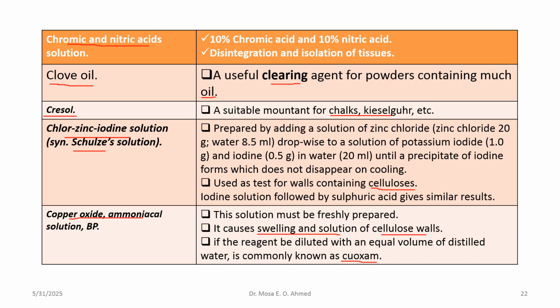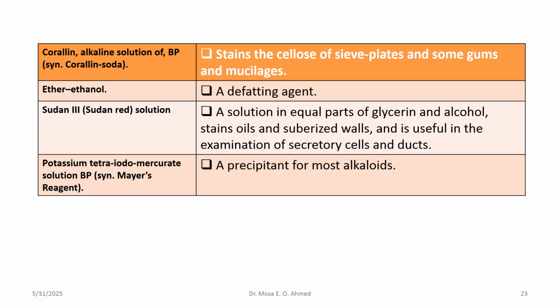One of the problems with Cuoxam is that after a period of time it can dissolve the cellulose, and it should be used with caution, not to be allowed to stand for a long time without use.